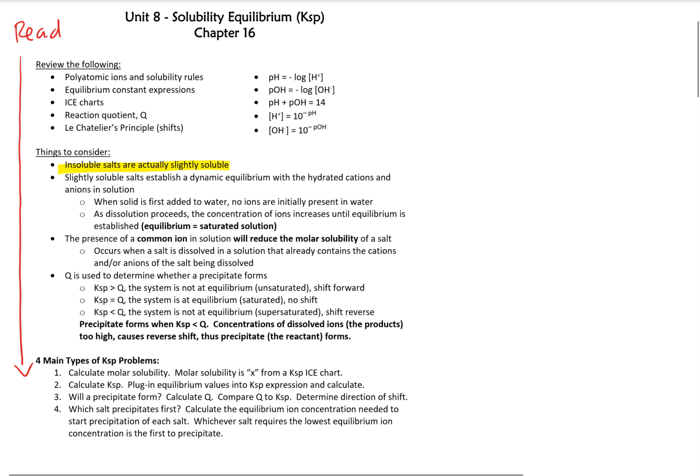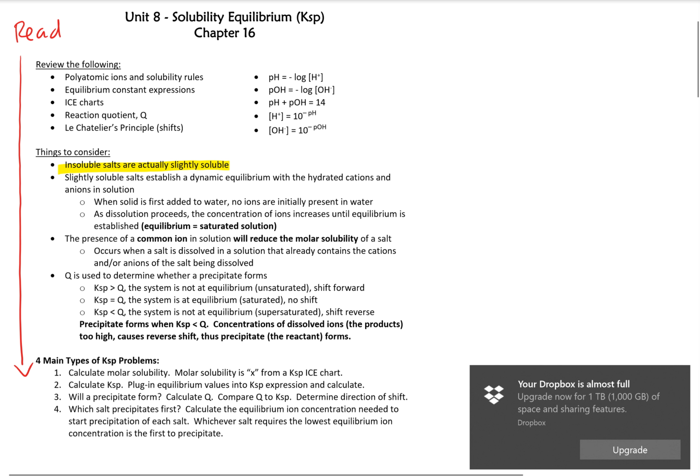So when we take lead iodide, which we know to be insoluble, and dump it into water, a very small amount of that insoluble solid actually dissolves. So all these solubility rules we have been talking about don't mean that none of it dissolves, but actually just a tiny bit of it is going to dissolve.